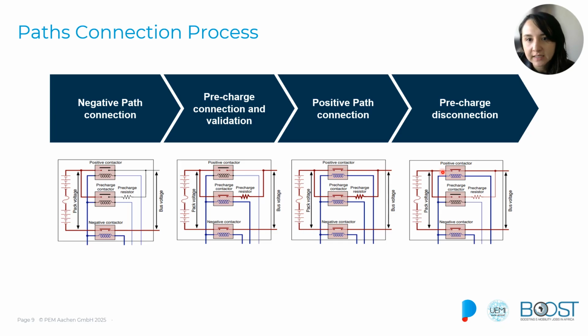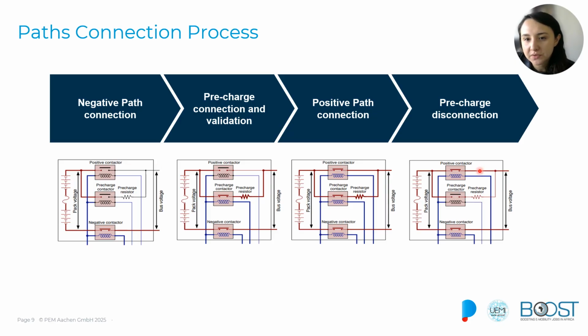And finally, we will disconnect the pre-charge, as you can see here. With the main contactor already engaged, the pre-charge contactor is opened, and we isolate these pre-charge resistors to avoid any power dissipation during the normal operation of the battery.